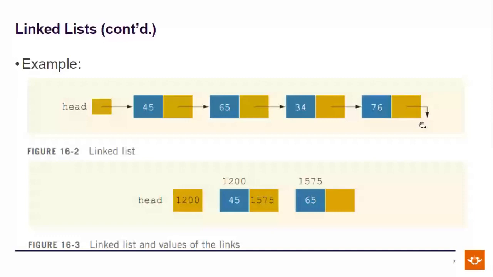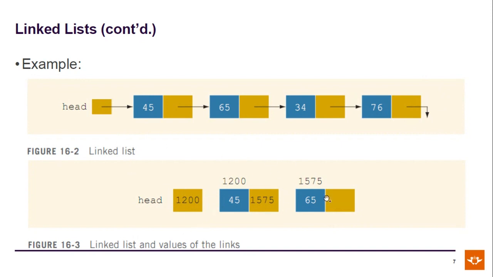It's basically the memory address 0 in a computer, because no program is supposed to have access to that memory address. So the last element of a linked list will always have its link point to null pointer.